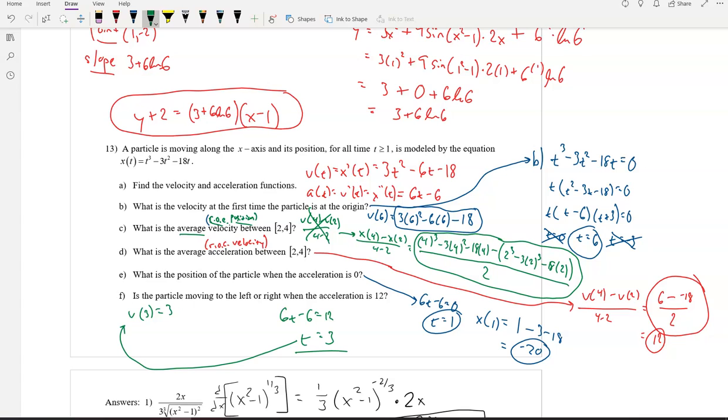It's going to be 3 times 3 squared minus 6 times 3 minus 18. Once I plug that into the velocity, what am I looking for to determine the direction this particle is moving? Positive or negative, exactly right. So 3 squared is 9, times 3 is 27, and then minus 18 minus 18.